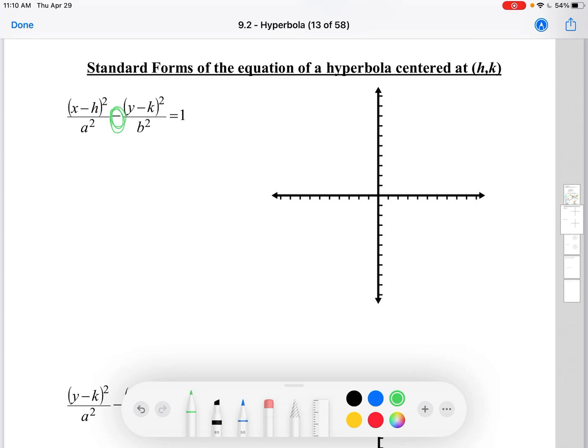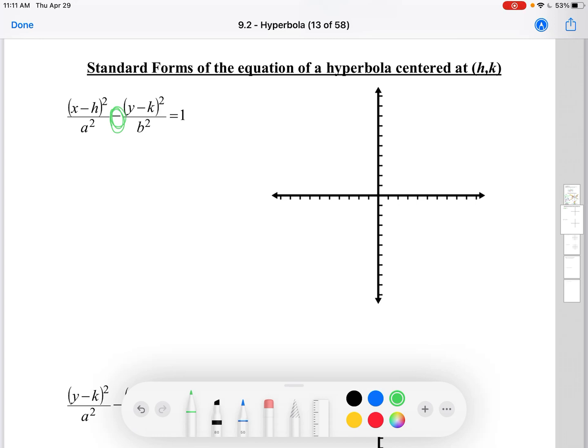Still equals 1, still has an a squared and a b squared. Both of those values are going to determine my vertices and my co-vertices. And then I have my foci, which in this case is slightly different than the ellipse, as my function is a plus instead of a minus. And last but not least, I will also introduce asymptotes.